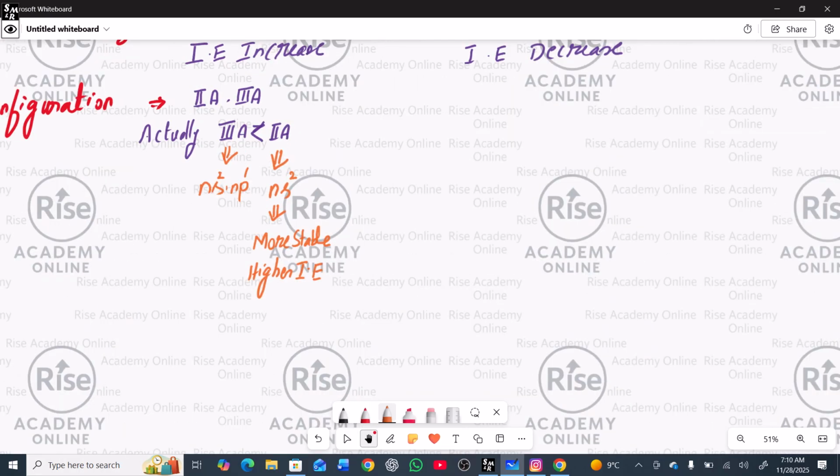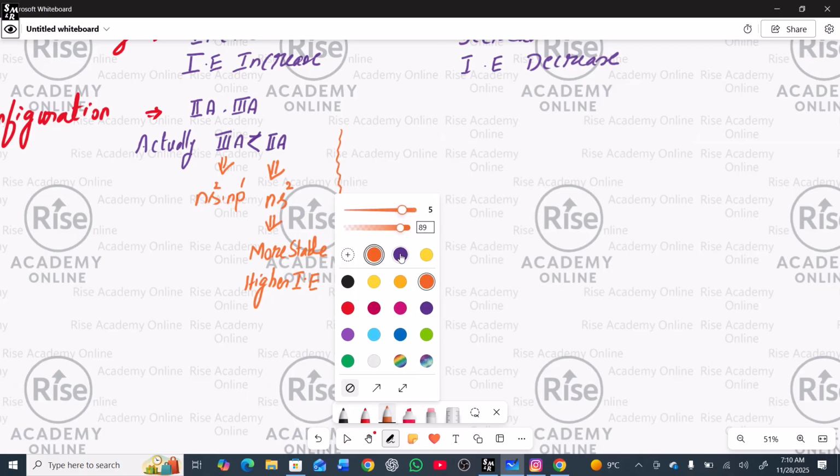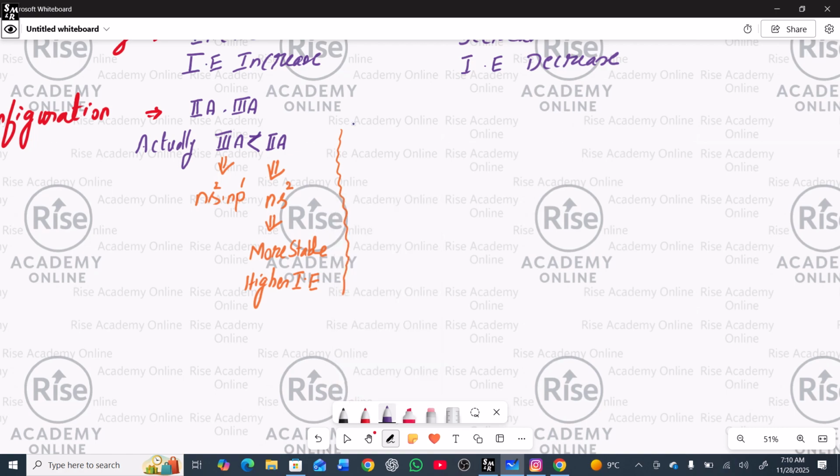Now a similar variation is observed between group number 5A and 6A. By law, the ionization energy of 6A should be higher, but actually it is 5A which has higher ionization energy than 6A.